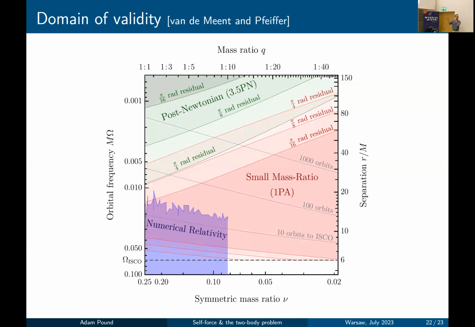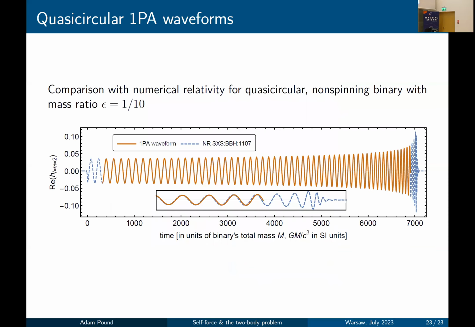And so we now actually have the real 1PA waveforms, and I'll show you those now. So this was the first 1PA waveform that has ever been generated. So I did this with collaborators a couple of years ago after 10 years of concerted effort.